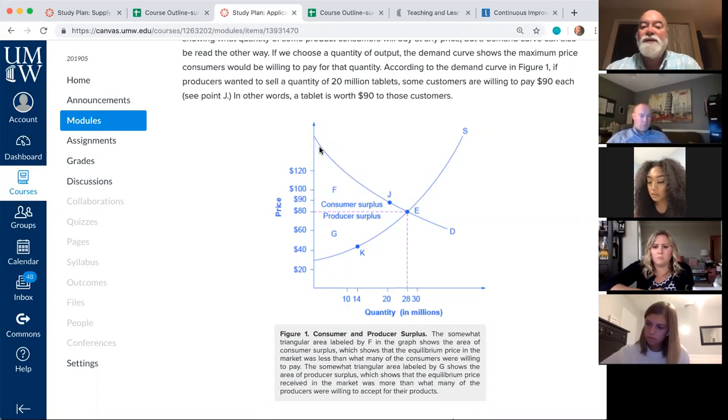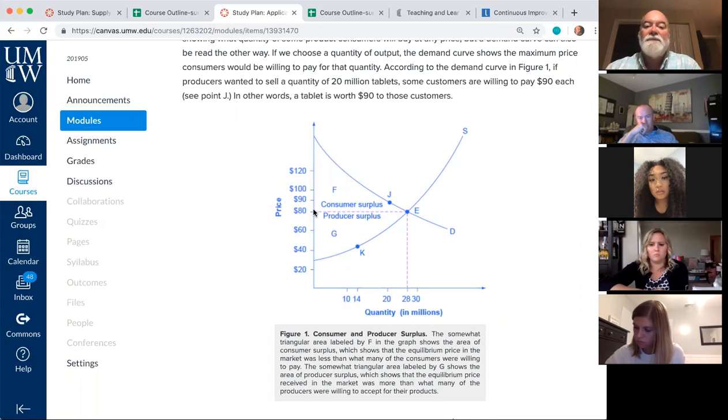The next person earns a little bit less because they think the product is worth a little bit less. The next person earns a little bit less. The next person earns a little bit less. So if you look at everybody who actually buys the product, the consumer surplus is the area, a triangle basically, that is under the demand curve but above the equilibrium price. People pay the equilibrium price, but they receive the value shown by the demand curve.